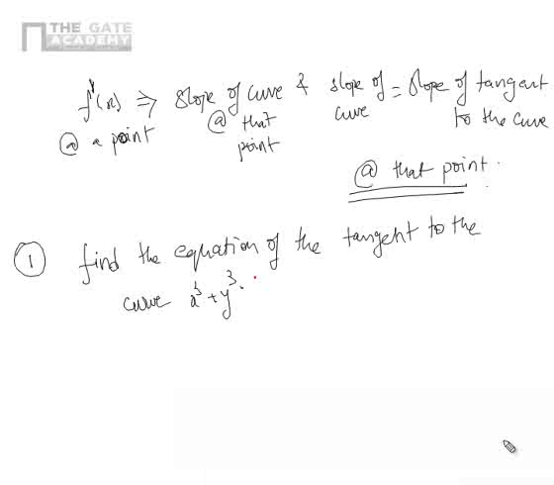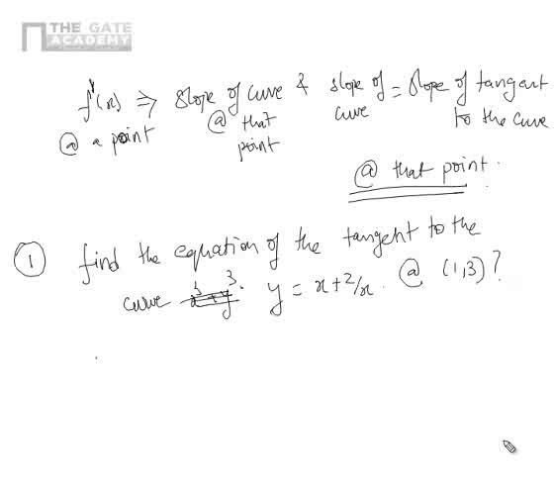Well, sorry for this. Okay, let us check. Find the equation of the tangent to the curve y is equal to x plus 2 by x at (1, 3). This is the question.